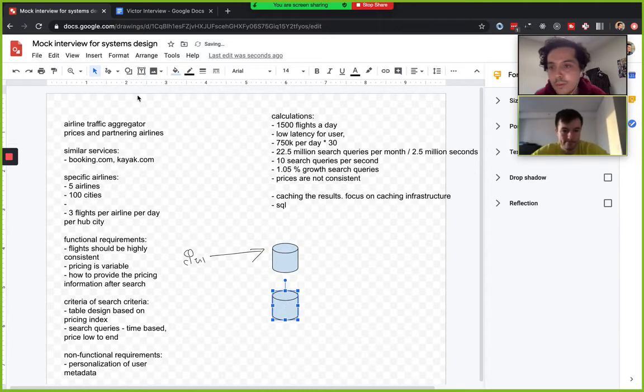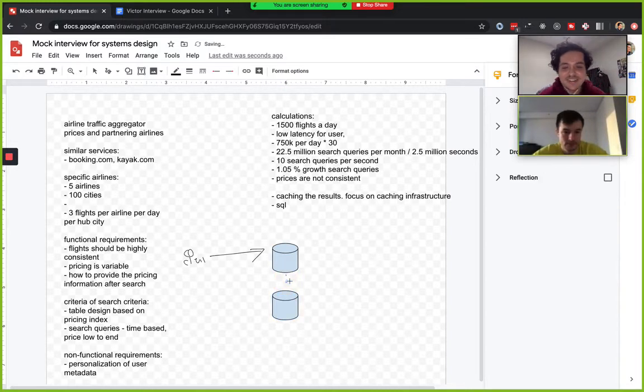Just imagine this is a group of workers in our application layer. And basically, this is where our cache is going to be right here.